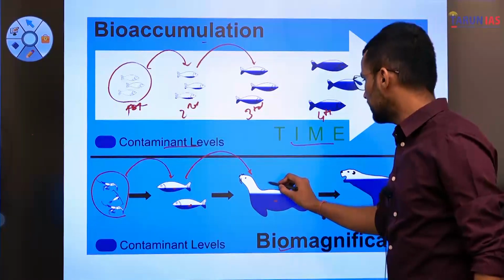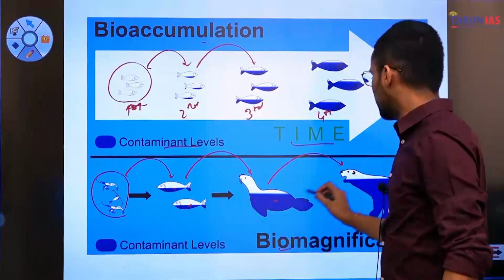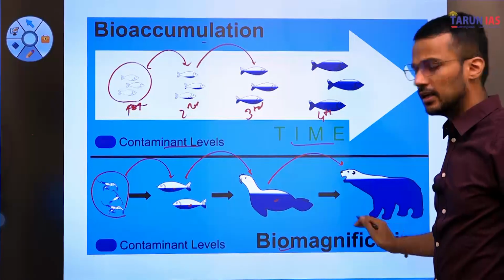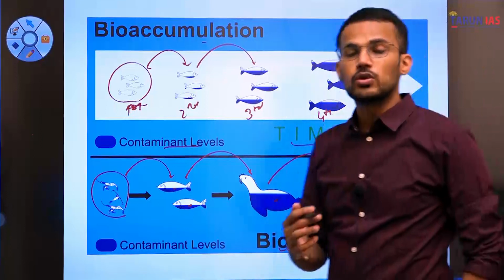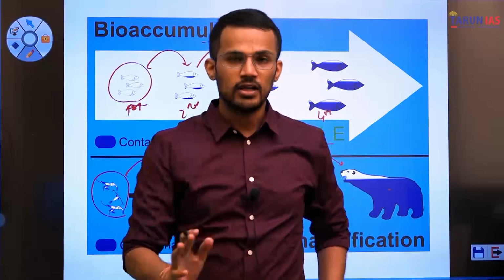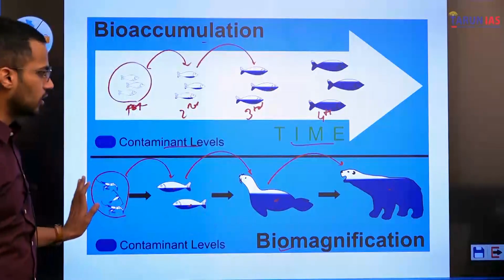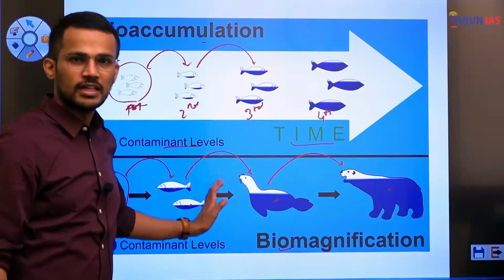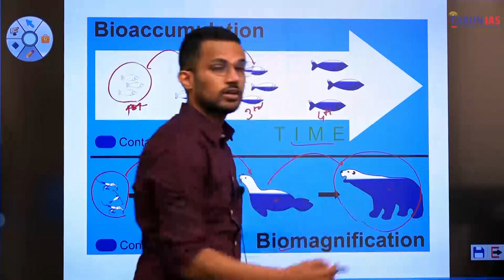Now, as these sea lions, or let's say these are seals, whatever it may be, are being consumed by this polar bear, here again in the body of the polar bear, the concentration of contaminant is high, right? So amongst all these organisms in this food chain, the concentration of contaminant is high in the body of the topmost consumer.